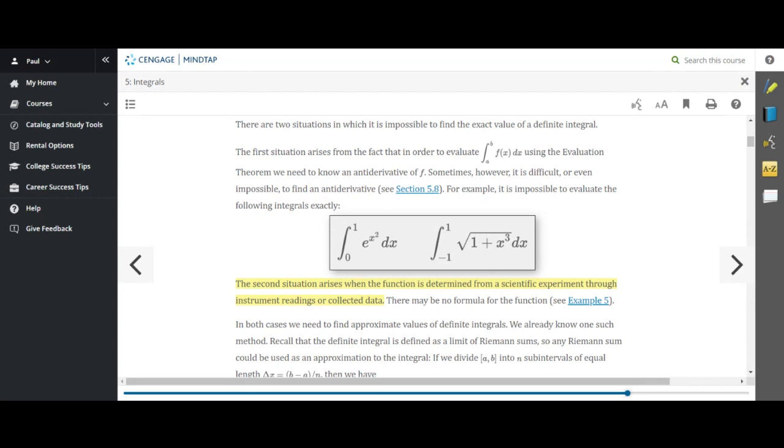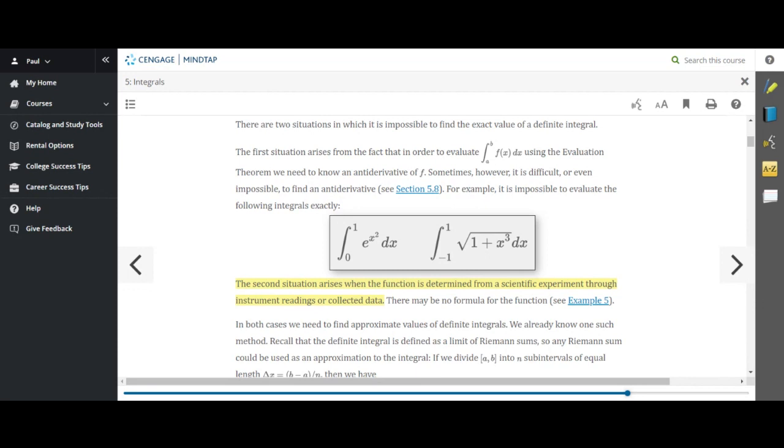How many recall that from Calculus 1? The Riemann sums. How many recall Riemann sums? Yeah, Gabriel remembers that, and John and Avery.